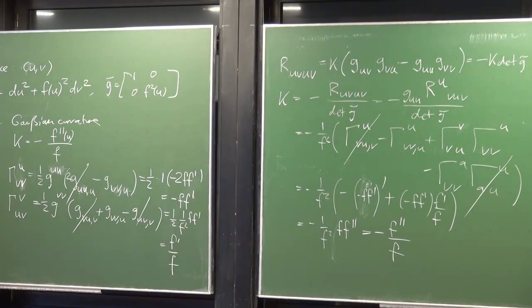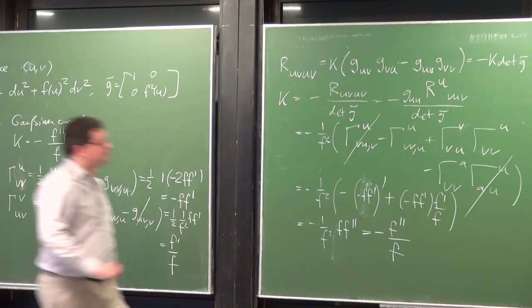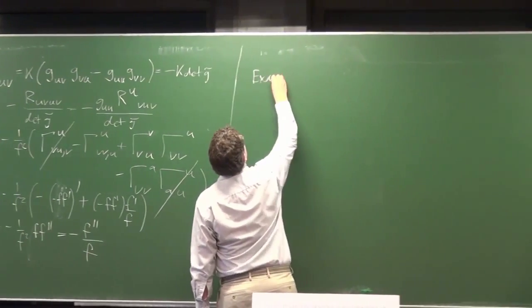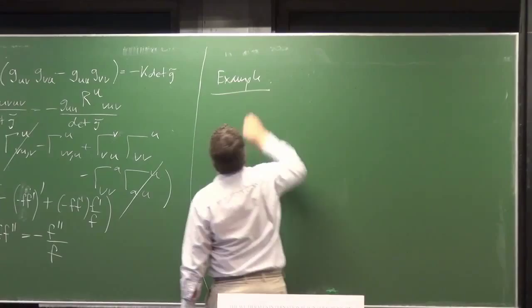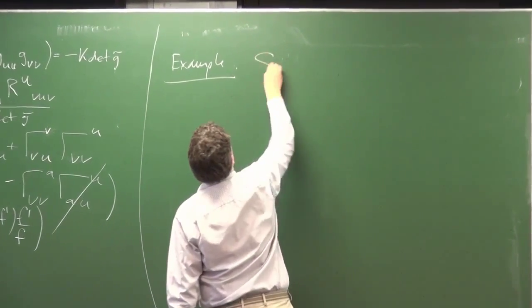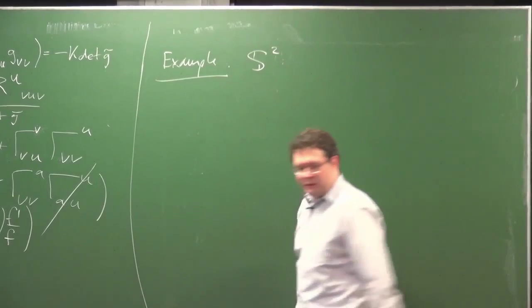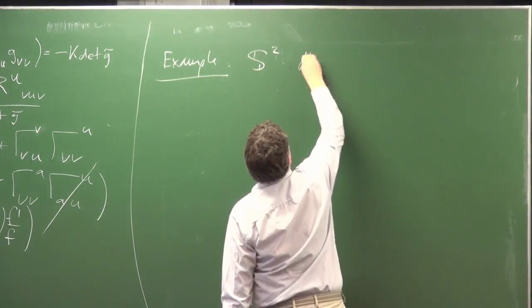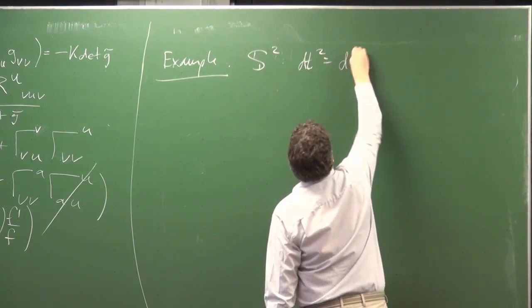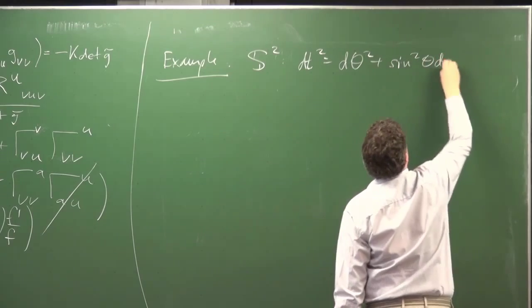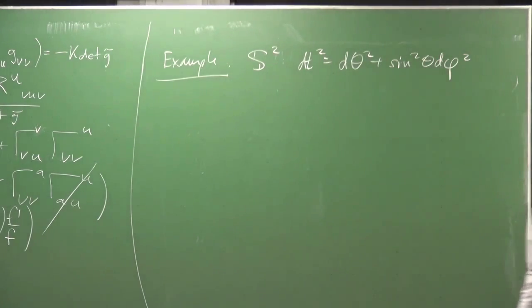Nice little lemma. Yes, let's see that it actually makes sense. So example. Let's look at the sphere, the round sphere. Well, spheres are always round, right? I mean the sphere with the round metric. So let's say our surface is just given by that. Right, you know this.